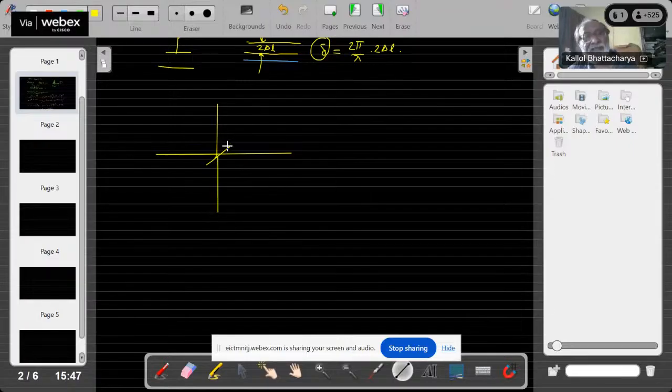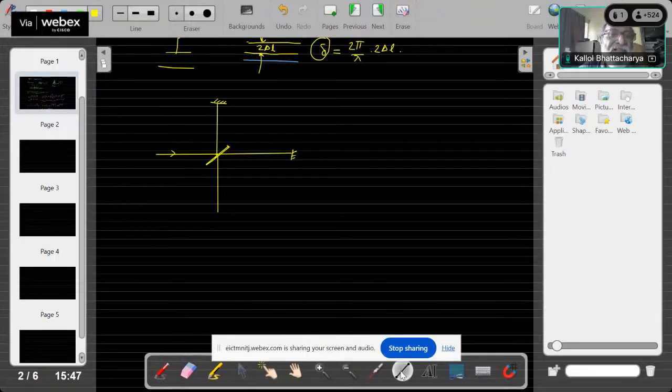So this is my beam splitter, and this is the input beam. These are the mirrors we have here. And this is a plane beam of light. I have drawn only a ray, but it is actually a plane beam of light.